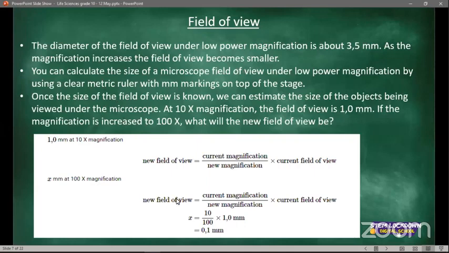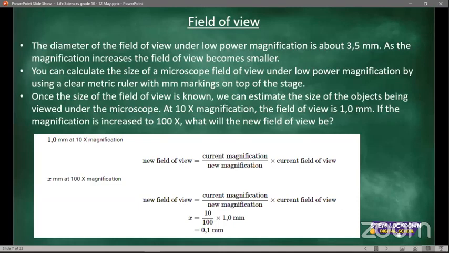So as I was saying, to calculate the new field of view, we're going to say the current magnification divided by the new one, which is 10 divided by 100 multiplied by the current field of view, which is 1 millimeter. So our new field of view will be 0.1 millimeter. So remember, the more magnification we have, the smaller the field of view.